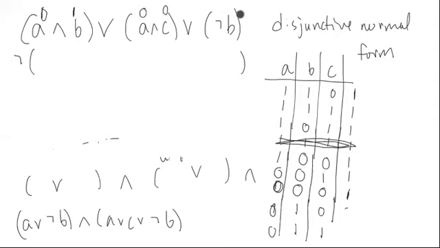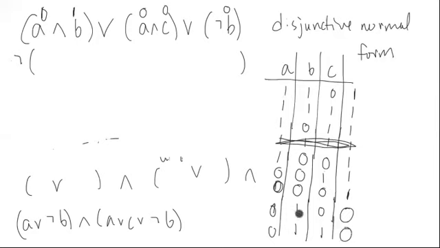Then we have not B. Not B will be false. Notice that we end up just getting false across the line. That's false. Now this one right here, if A is false, that's false, and B is true, so not B is false. So that's going to be 0 as well to get those 2 zeros.